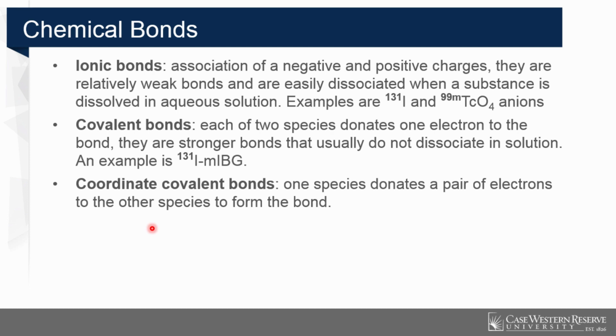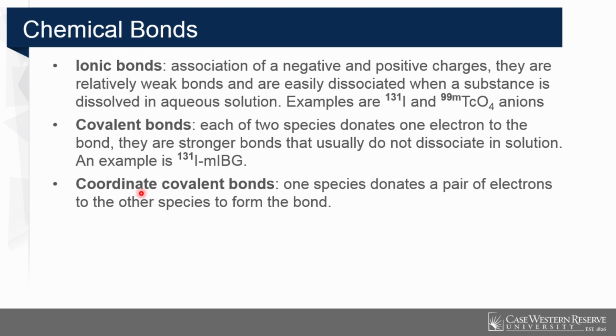So let's briefly review some of the chemical bonds that we have learned before. First one is the ionic bond. Something negative binds with something positive, electrically charged, and the chemical bond can be very strong. But the other one is the so-called covalent bond, mostly applicable to organic compounds, in which two elements will donate one electron each to form a pair to be shared, so the chemical bond can be very strong.